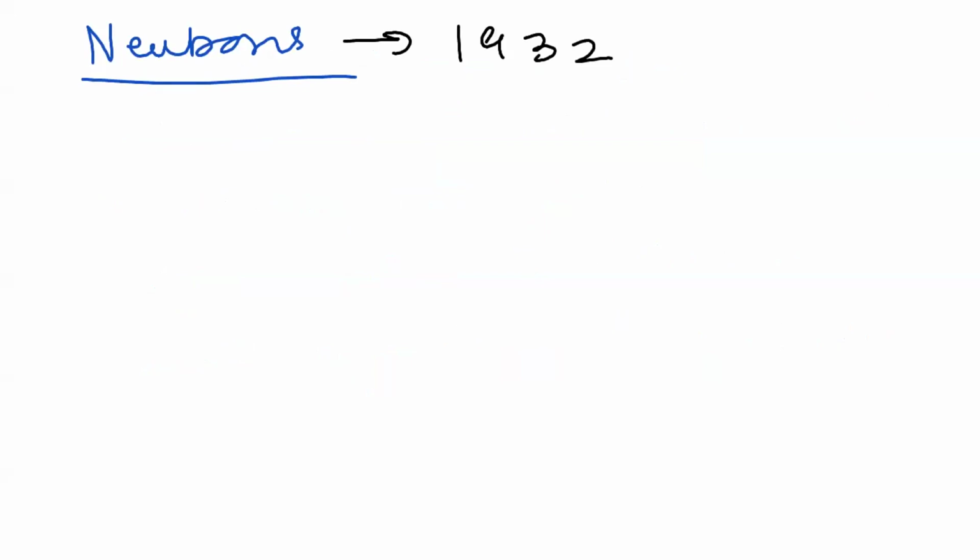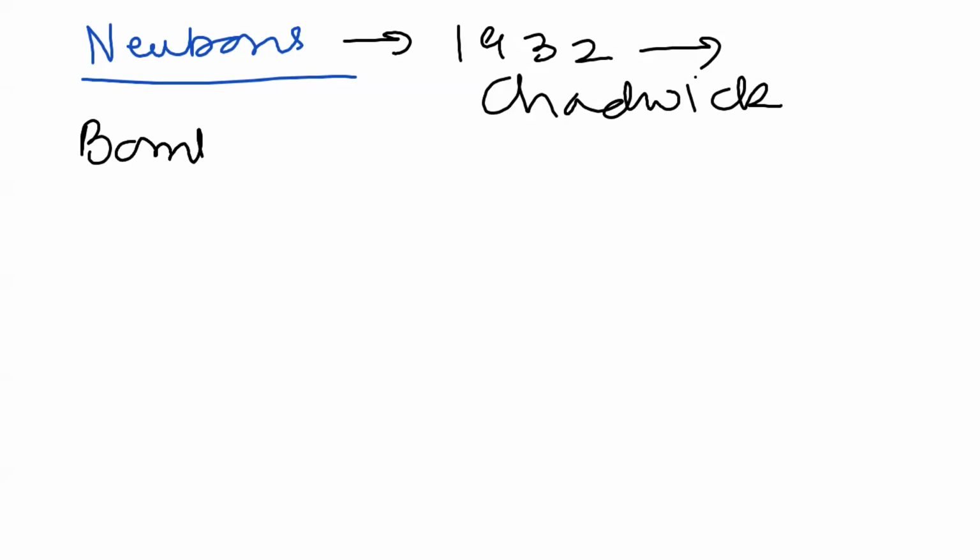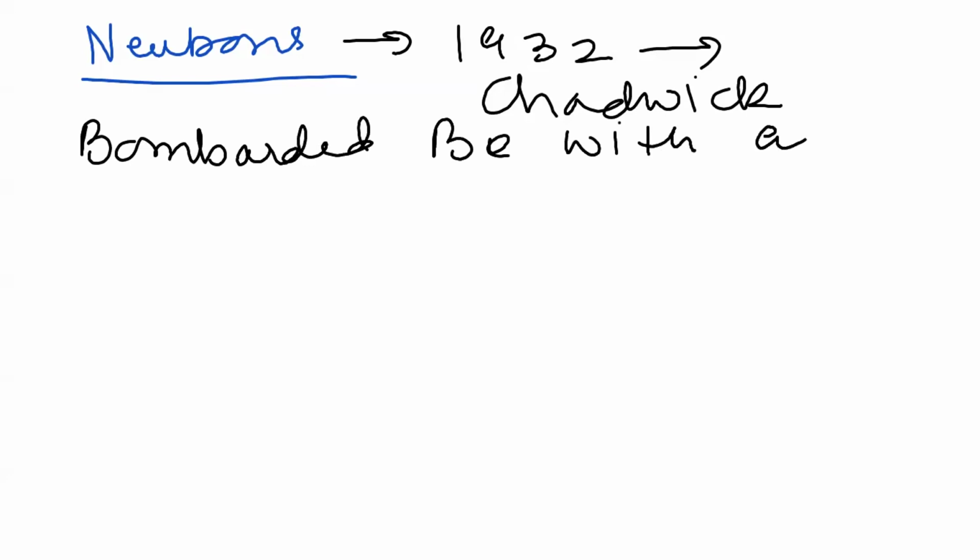Now next is neutrons. Write down. So in 1932, Chadwick, what he did? He bombarded beryllium with a stream of alpha particles.